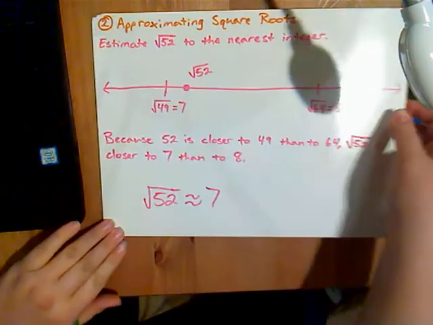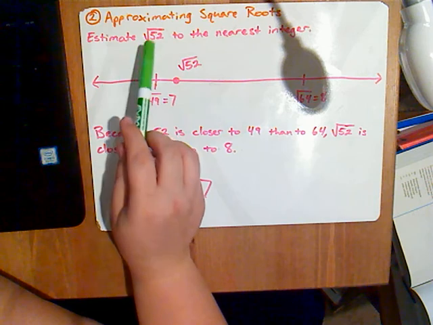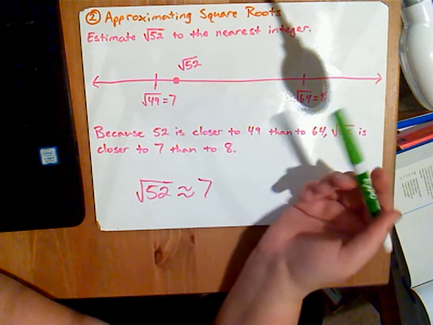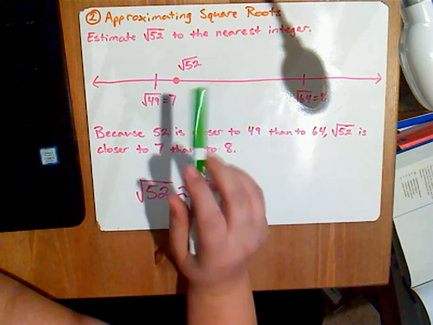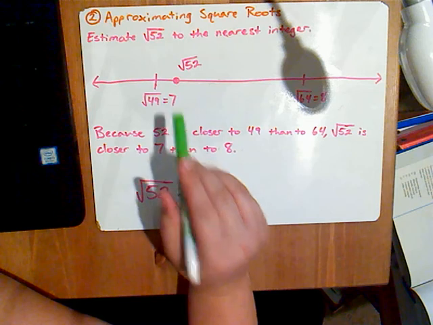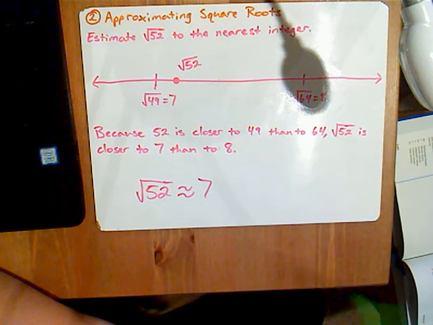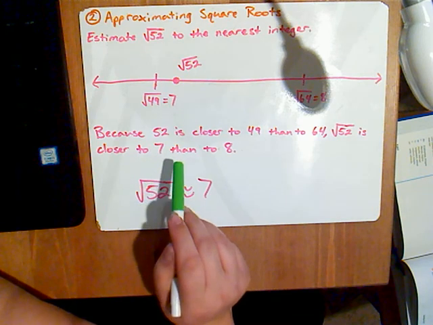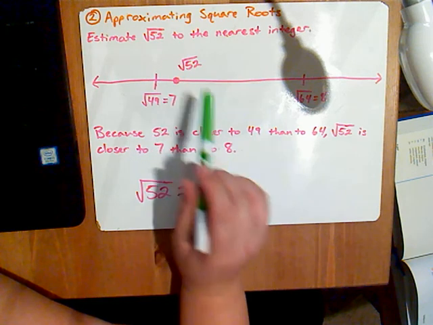Okay, and the next thing that we're going to be looking at is approximating square roots. So the problem wants us to estimate the square root of 52 to the nearest integer. So we're using a number line and the square roots of perfect squares nearest to the square root of 52.